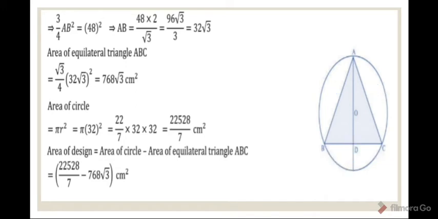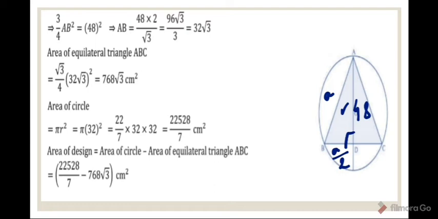Now look at this triangle ABD. This side is A, this side is A by 2, this side is 48, and it is a right angle triangle. So you can easily use Pythagoras theorem, right?